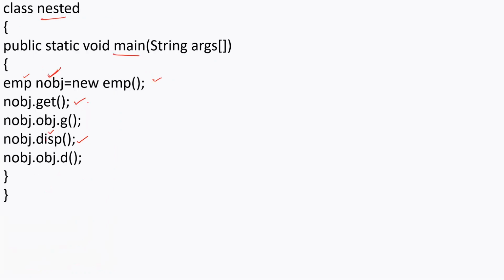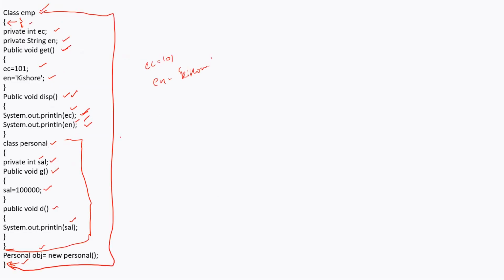That is done. And second thing, two methods have been done, obj.get as well as display. Now I need to call the G method as well as the D method. But you can see this G method is present in the personal class and this D method is also present in the personal class. So there is an object called obj for this personal class. In order to access this G as well as D, I need to take the help of two access operators.